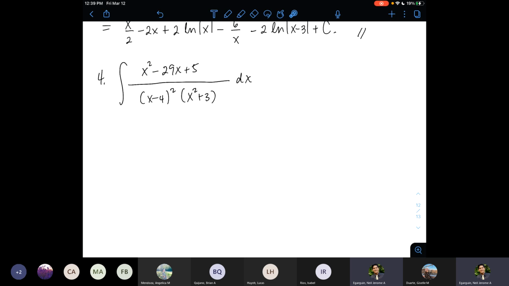In the denominator, x minus 4 quantity squared will have an x squared in it. So the first factor is degree 2. The second factor is degree 2. So in total, the denominator is degree 4. So definitely the degree of the denominator is larger than the degree of the numerator. So we can do the partial fraction decomposition.